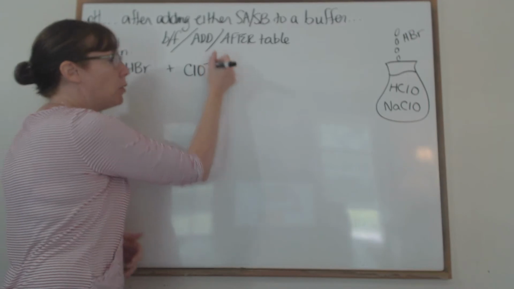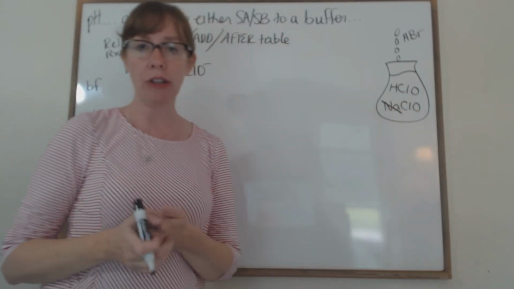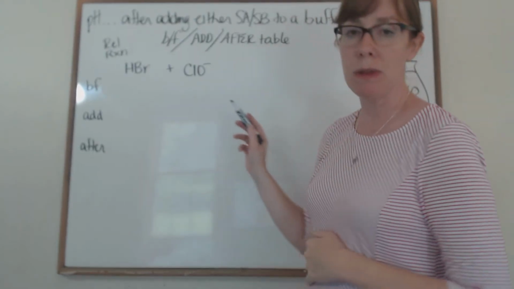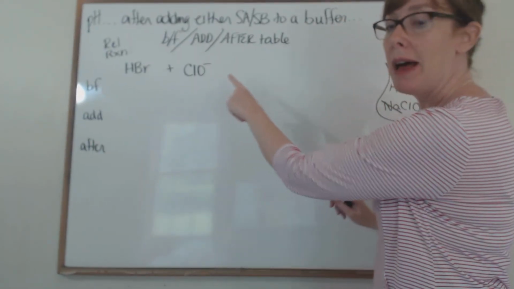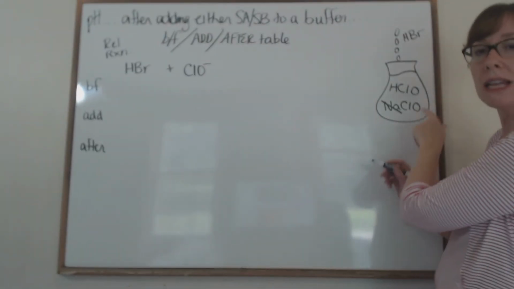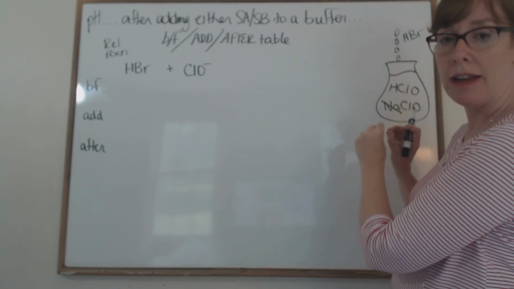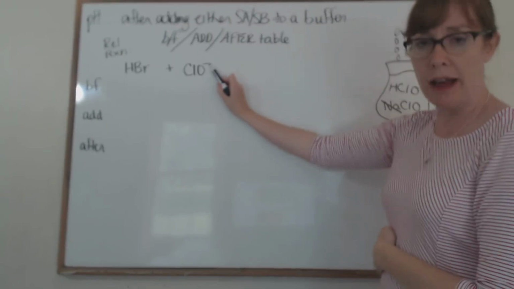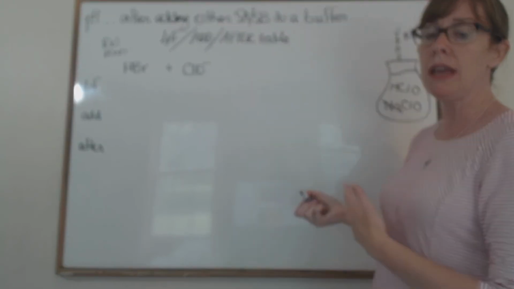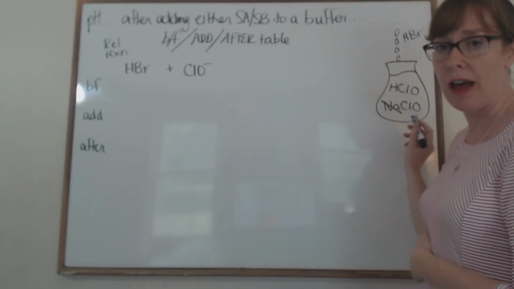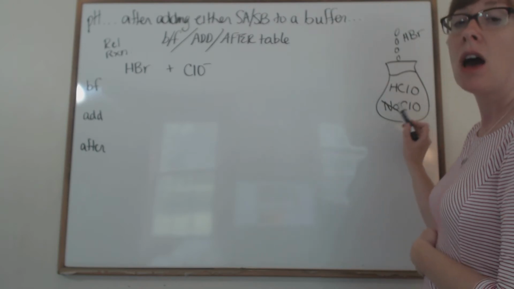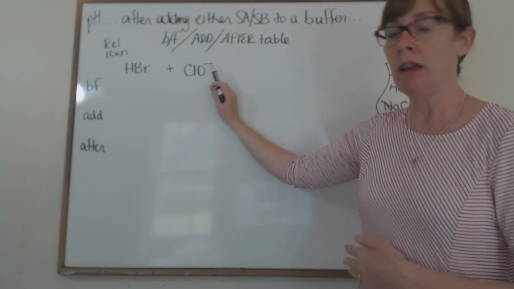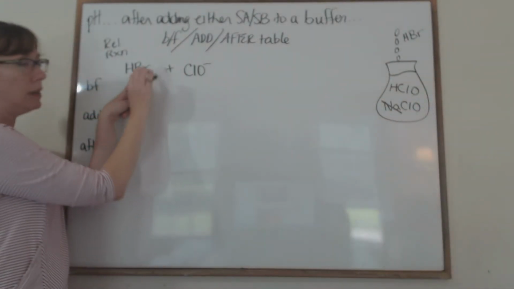And it's really important that you don't include the counter ions. They're spectator ions, they don't do anything, and it's going to mess with you. So remember that ClO is really the ClO minus ion balanced out with the Na plus. See how I wrote the ion back in there? It's just like sodium chloride, just a different ion. It's a polyatomic ion called hypochlorite, ClO minus. That's the part that's going to react with the hydrobromic acid.